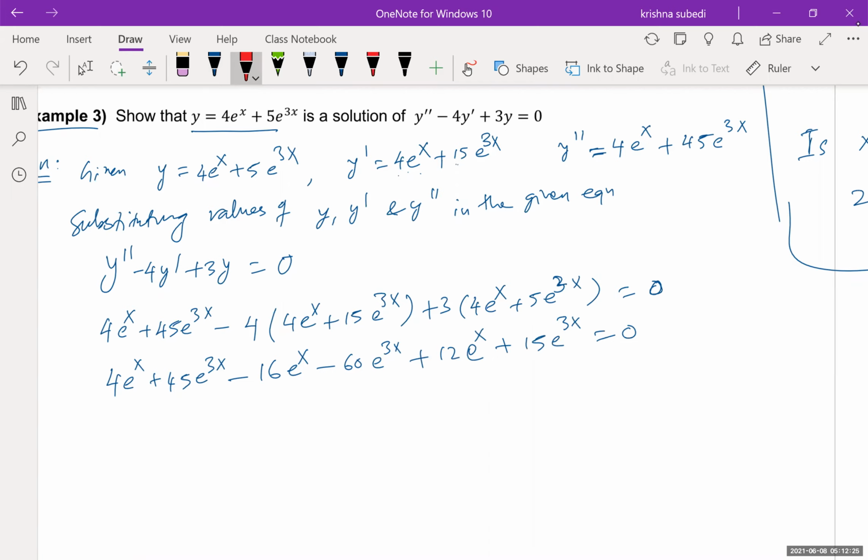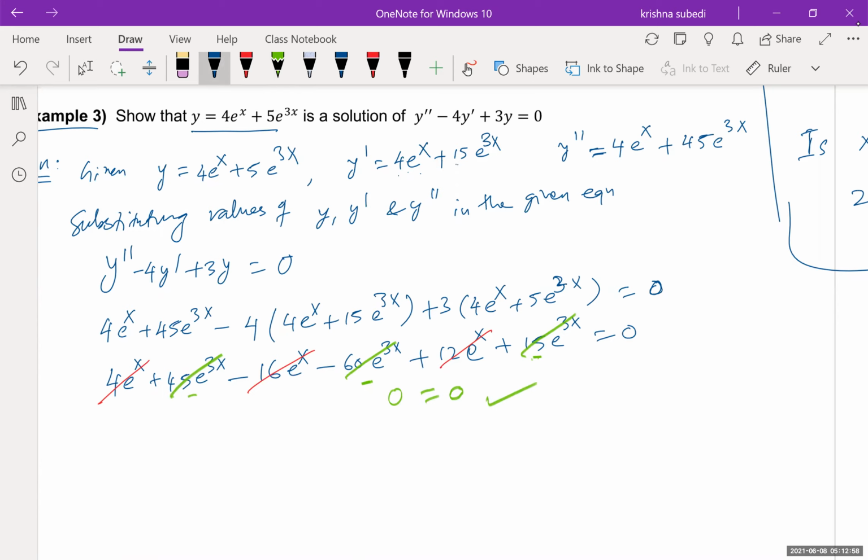So 4e^x and 12e^x will be positive 16e to the x, and negative 16e to the x cancel out. Now let's combine the other terms. So e to the 3x, e to the 3x, these three terms are like terms. So 45e to the 3x plus 15e to the 3x will be 60e to the 3x, positive and negative cancel out. So we got 0 equals 0. So yes, okay, proved.